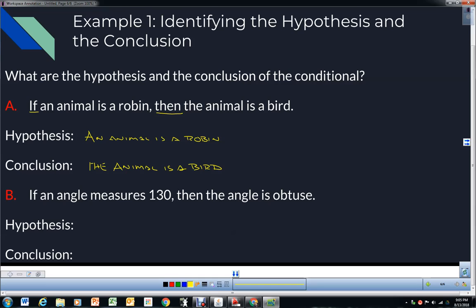Okay, so hypothesis is what follows the word if, conclusions follow the word then. So this one over here, if an angle measures 130, then the angle is obtuse.